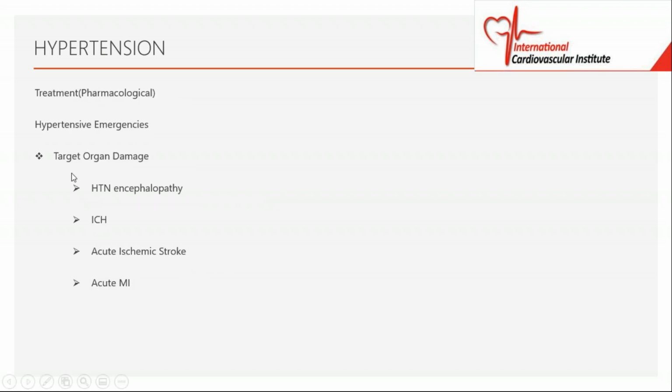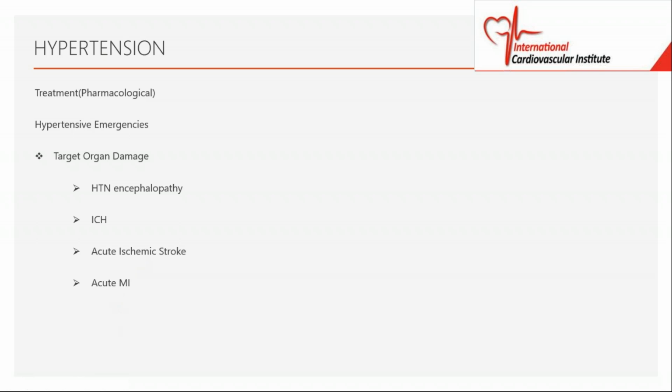So, elevated blood pressure and encephalopathy, the patient is obtunded, behaves as if they're drunk. If there's evidence of intracranial hemorrhage, acute ischemic stroke or acute MI, okay?